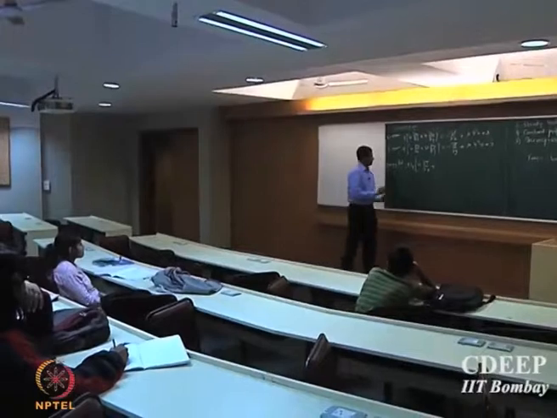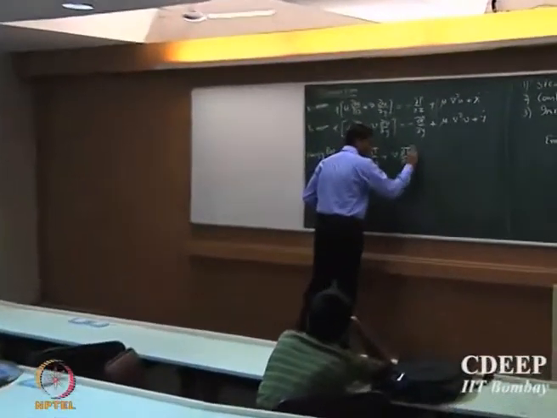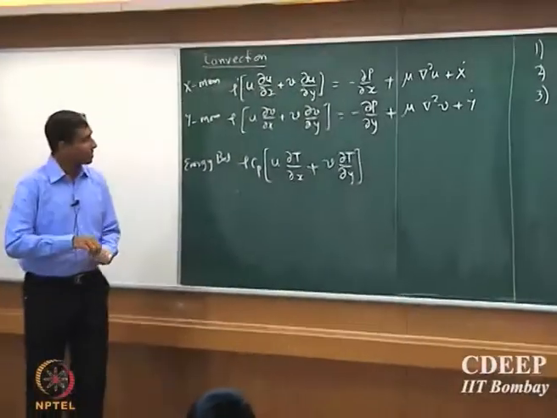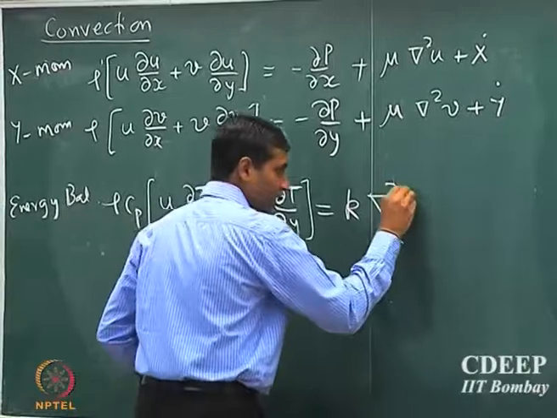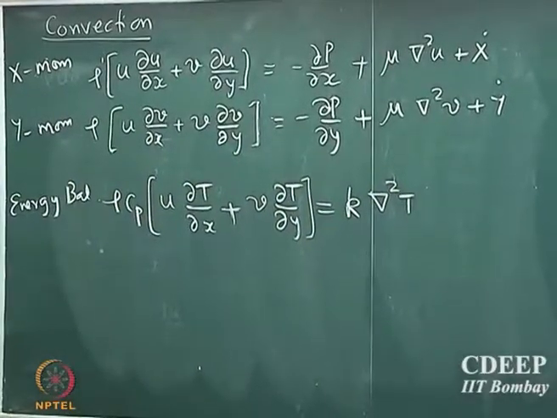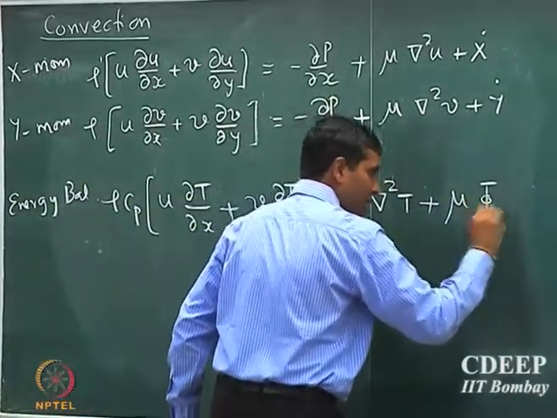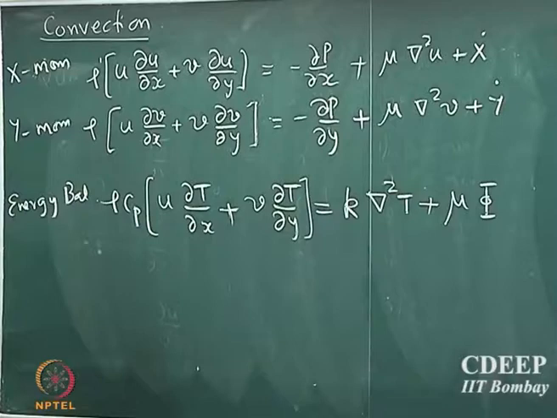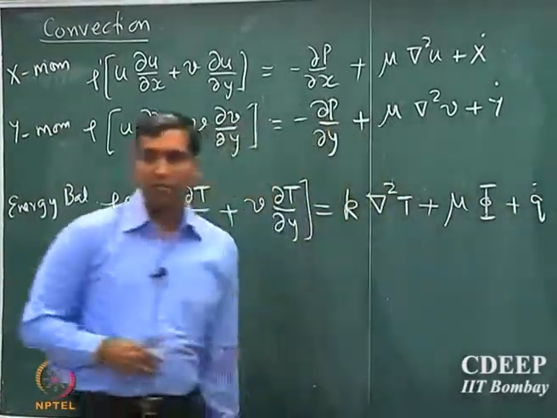Right? Dou T by dou Y, so that's your convection term, and that should be equal to the conduction, del square T. Laplacian is the mathematical representation for conduction, plus the viscous dissipation. I put capital phi as the viscous dissipation term, plus the heat generation per unit volume.